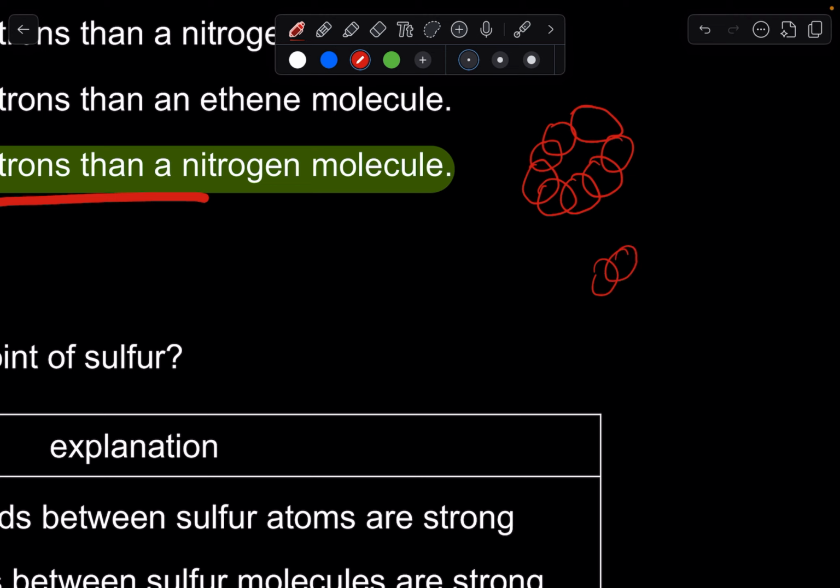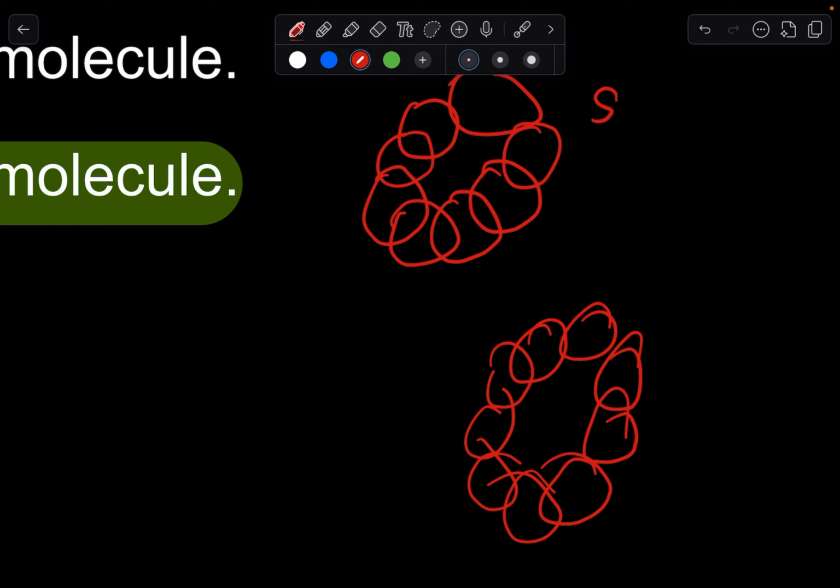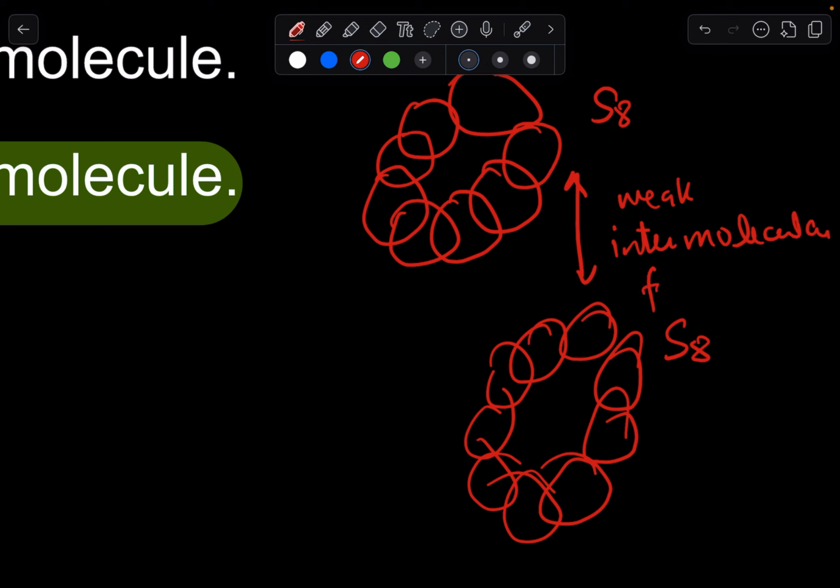There's going to be one more S8 like this. This is one S8 and this is another S8 molecule. Between these two S8 molecules, there is a weak intermolecular force of attraction. You call it a weak intermolecular force of attraction.